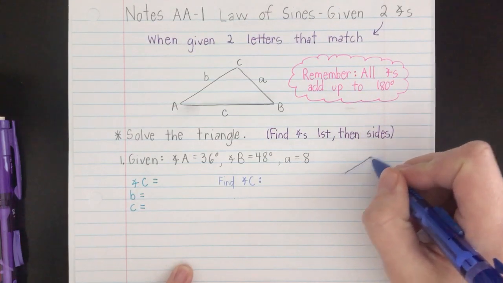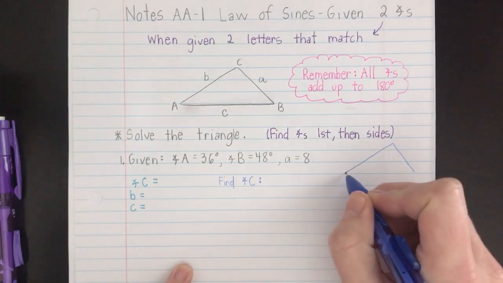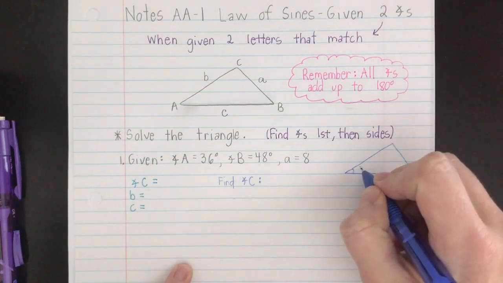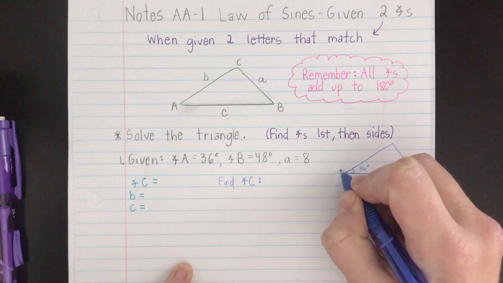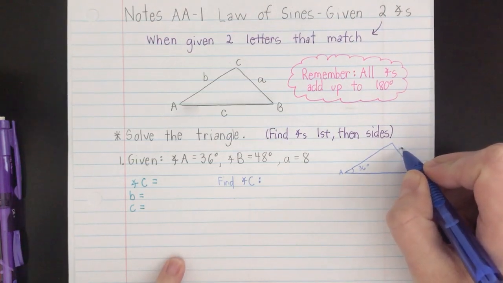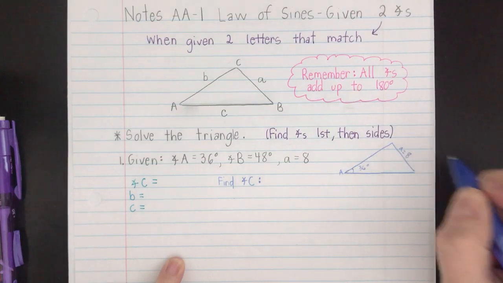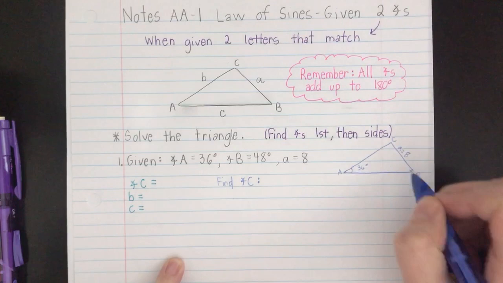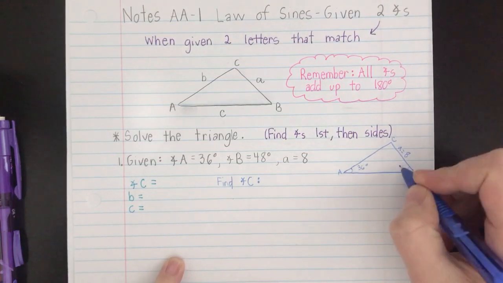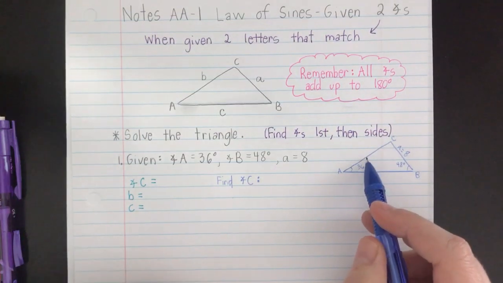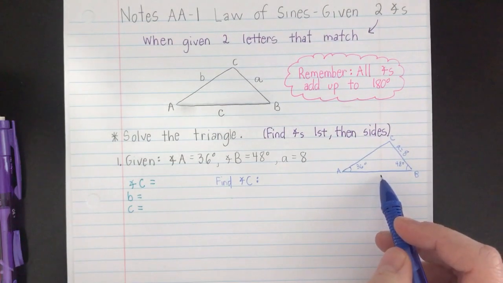So we have just a triangle where angle A is 36 degrees, and the side opposite A, side A, is equal to 8, and then we have B and C. We know B is 48 degrees. What don't we know? We don't know angle C, we don't know side B, and we don't know side C.